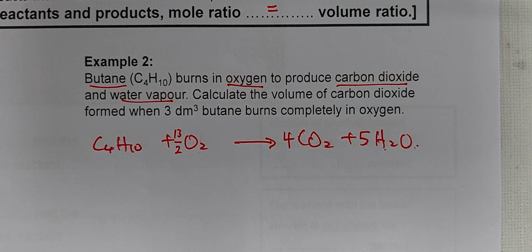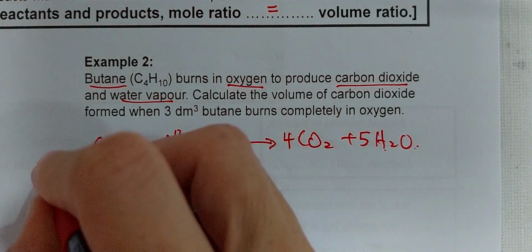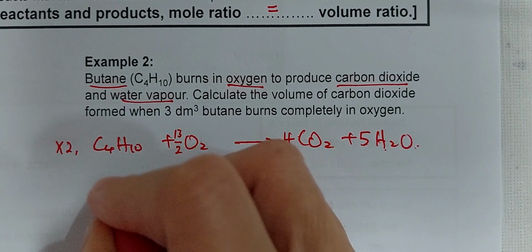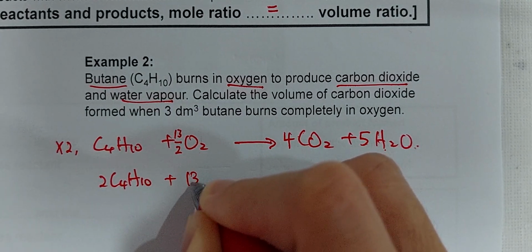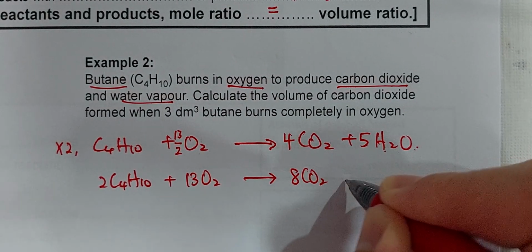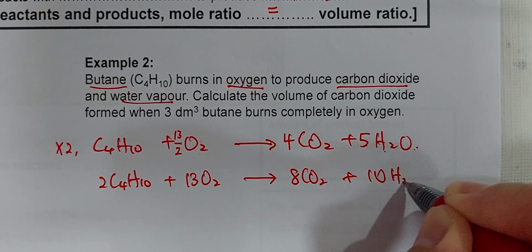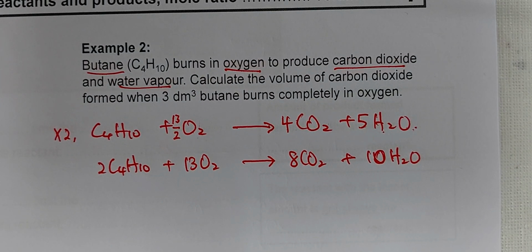At this point the chemical equation is balanced, but you cannot have a fraction. So everything must be multiplied by 2. That will give you 2C4H10, 13O2, 8CO2, 10H2O. This is the balanced chemical equation.